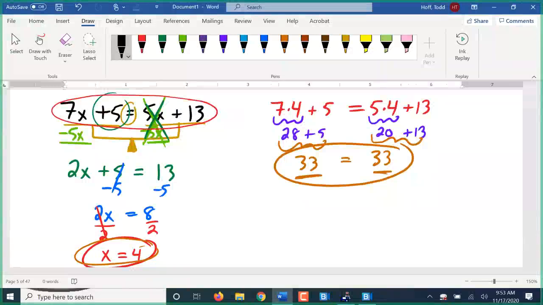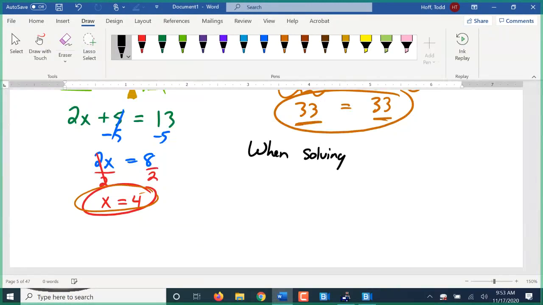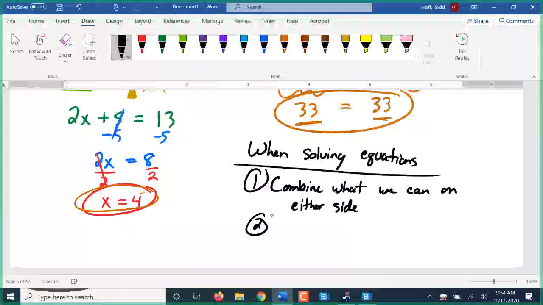So this gives us a second thing that we have to look for before we solve. So when solving equations, the first thing we have to do is what we did before, combine what we can on either side. And now this gave us the second thing we need to do.